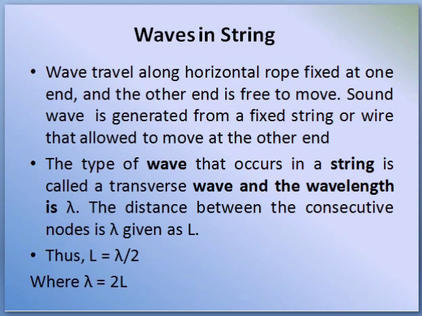The type of wave that occurs in a string is called a transverse wave, and the wavelength is lambda. The distance between consecutive nodes is given as L, so L is equal to lambda divided by 2, where lambda is equal to 2L.